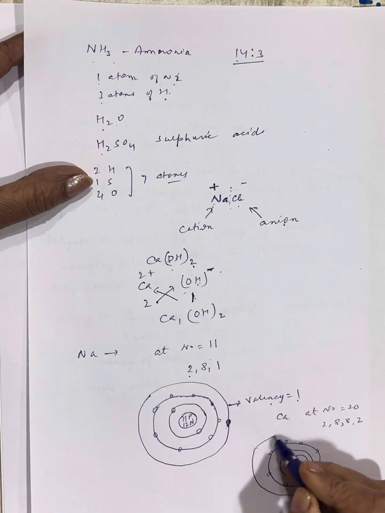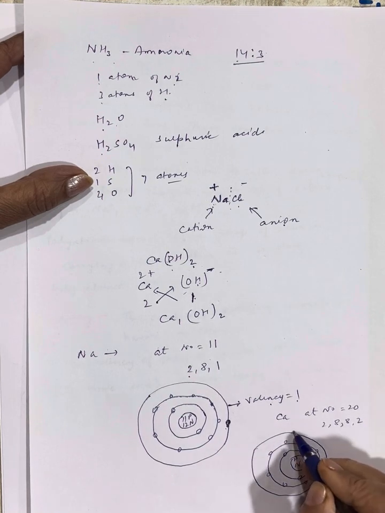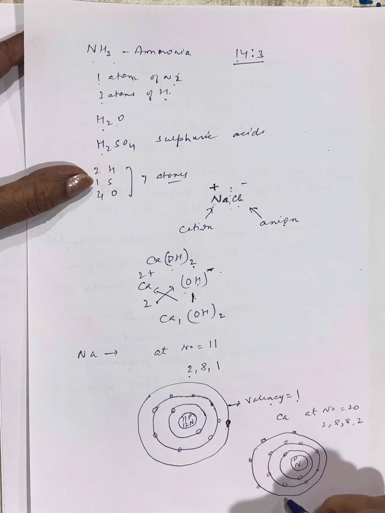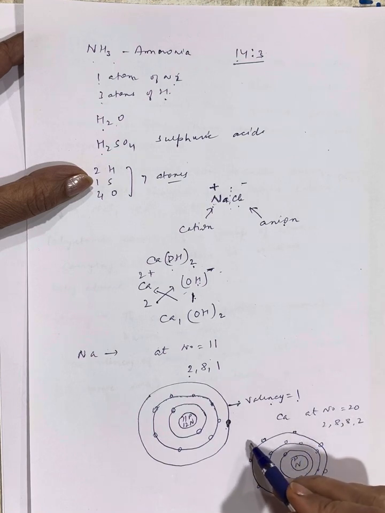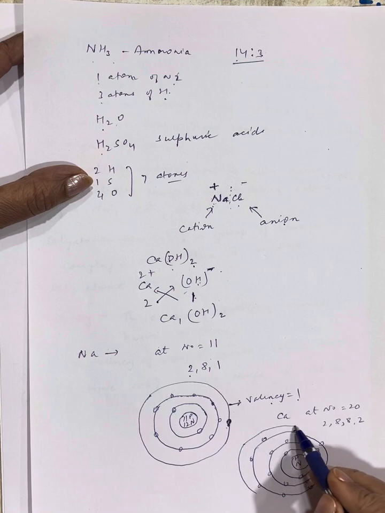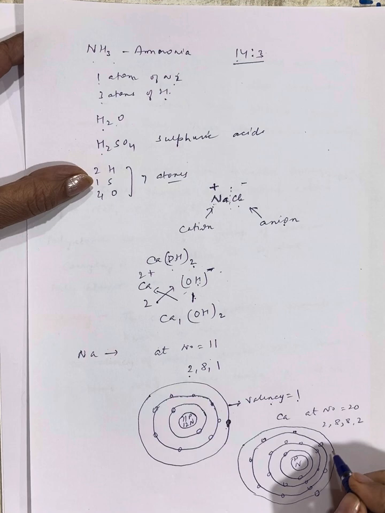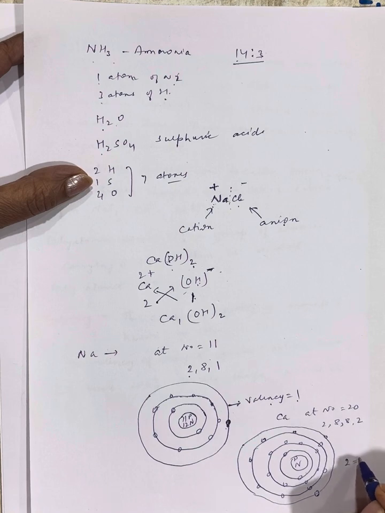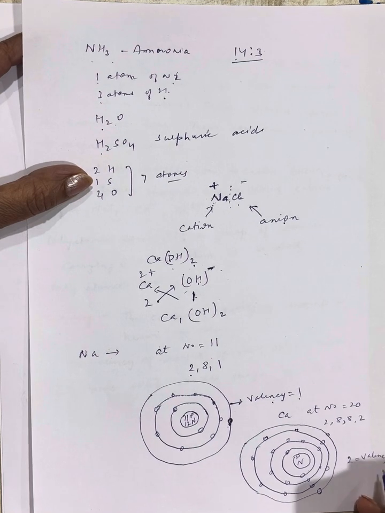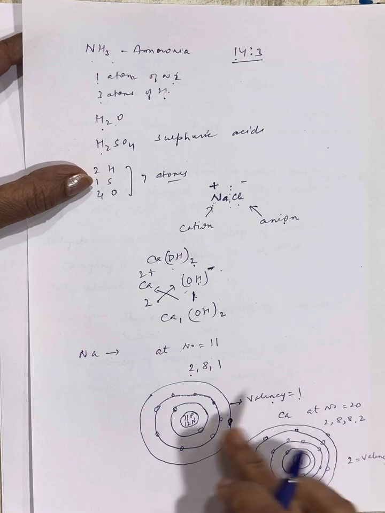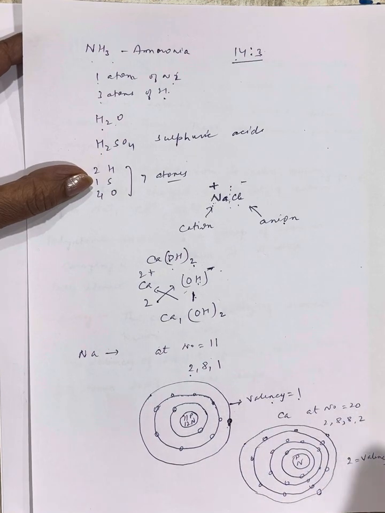The 2 more electrons will go in the next shell. There are 2 electrons that it wants to remove, so its valency is 2 only. Valency of calcium is 2 only. Correct? This way we can calculate the valency of the elements.